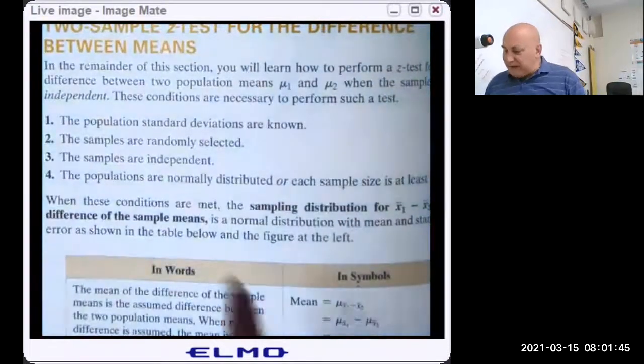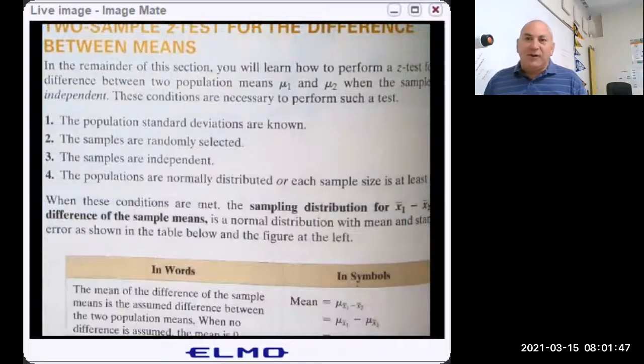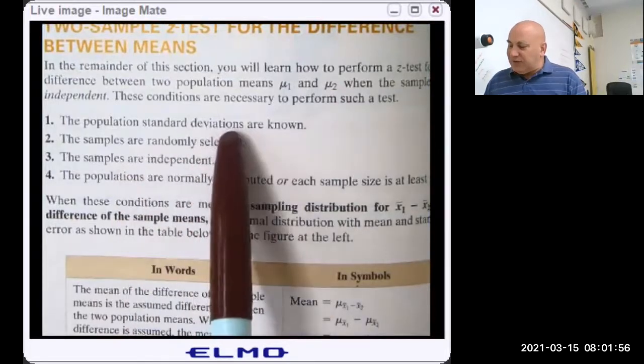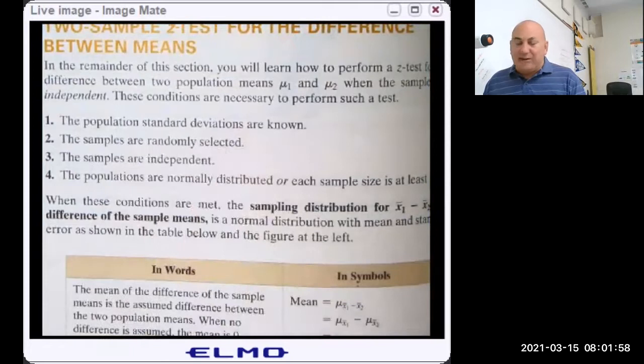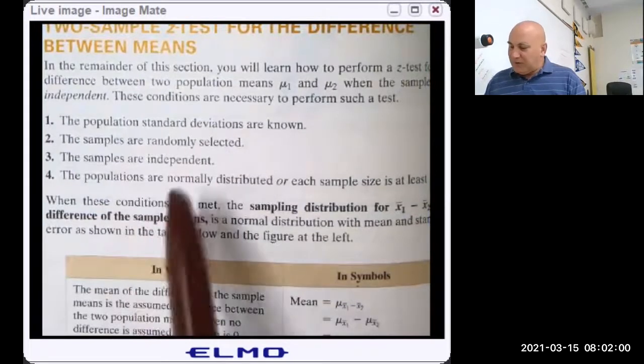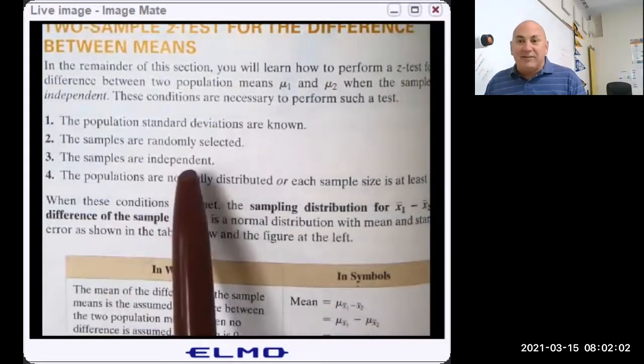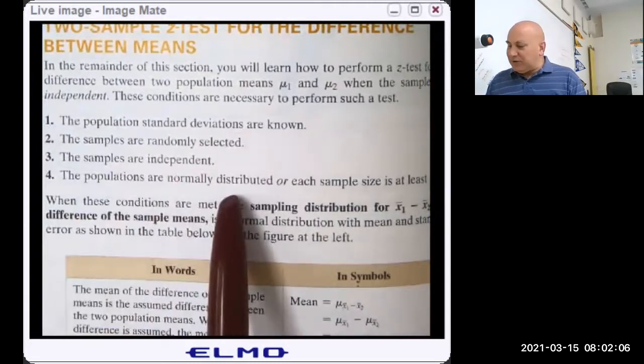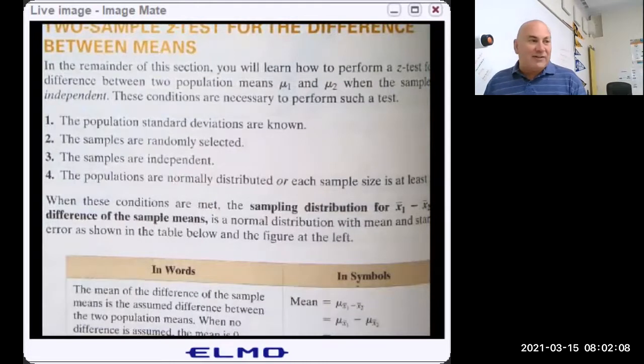First, we have to know the two standard devs. What do you think is going to be in the next section where we don't know the standard devs? Okay, so we have to know the standard devs. The samples have to be randomly selected. They have to be independent. And either the populations are normally distributed or the sample size is at least 30.